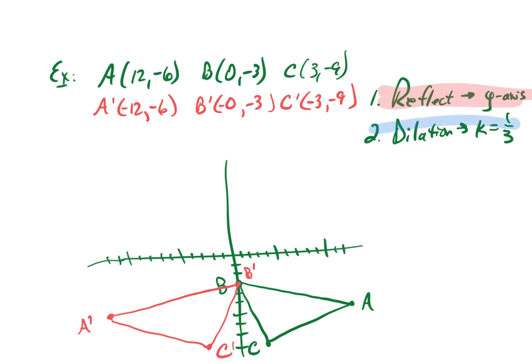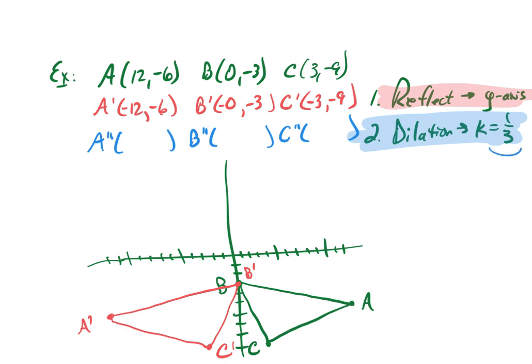Then I'm going to choose to do the dilation in the color blue on your laptops. And like usual, I'm going to get the new ordered pairs. What we have to do here is multiply all of our previous x's and y's by 1/3.